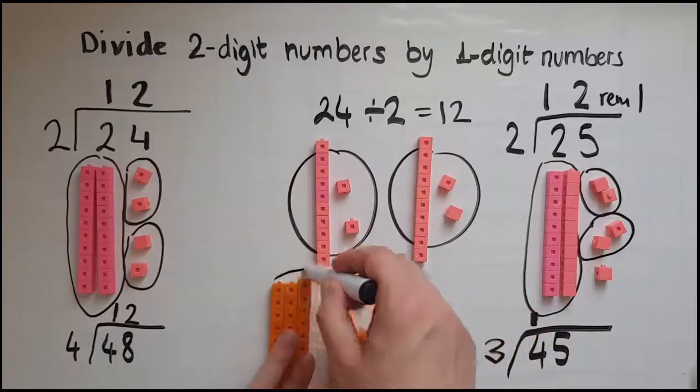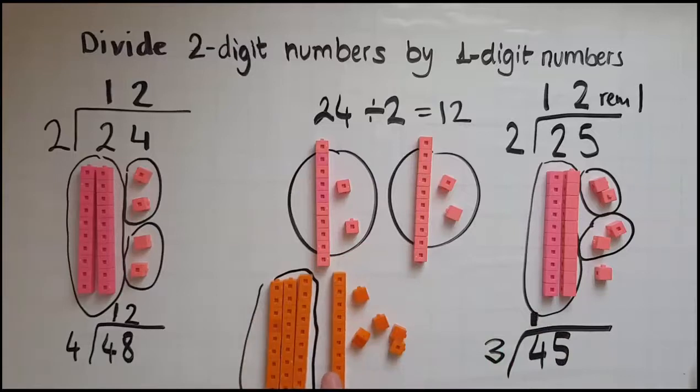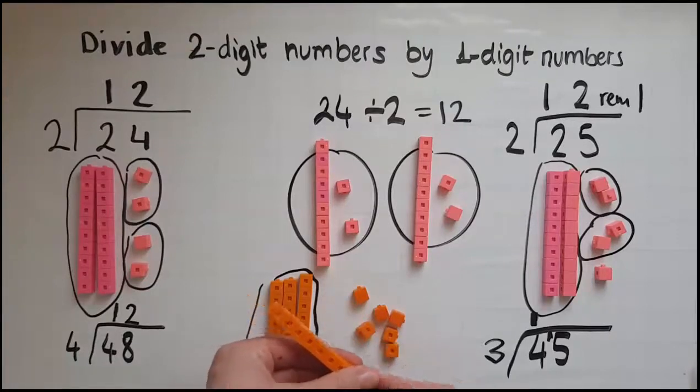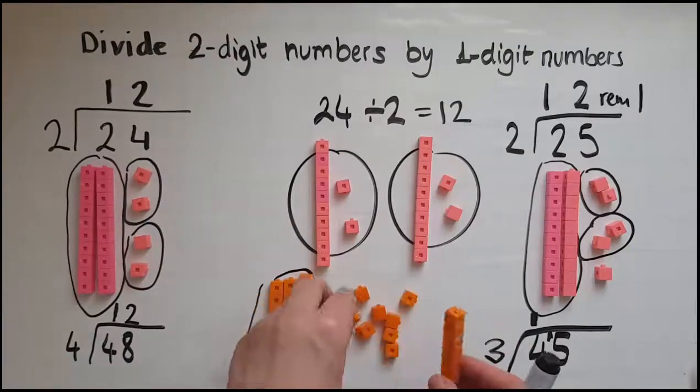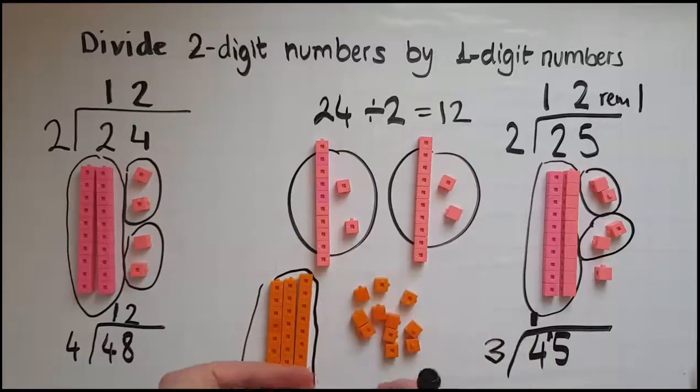I can make only 1, and I have 1 extra, 1 spare. So what I'm going to do with that is I'm going to put it on top of this, because now what I have is 10 and the 5 to make 15 in the units. So I will undo this to make groups of 3.